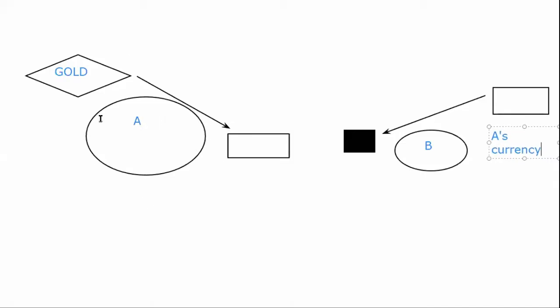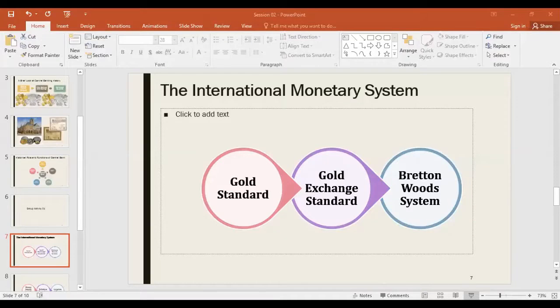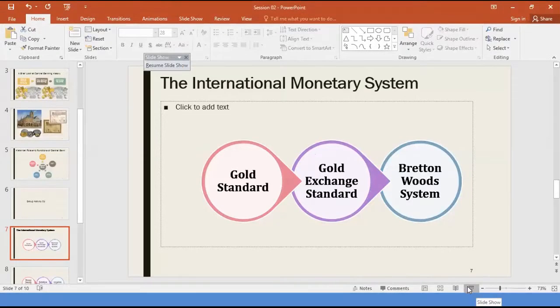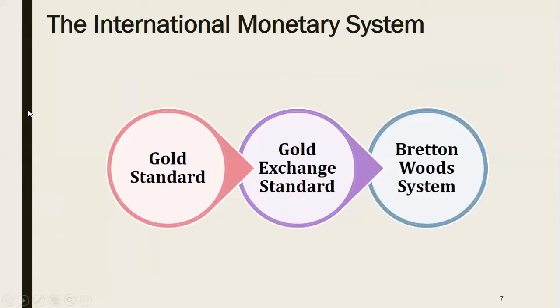Country A is the large economy, B the small economy. A pegged its domestic currency to gold, while B pegged its currency to A's currency, not gold. With that gold exchange system, a large number of gold reserves were not needed.